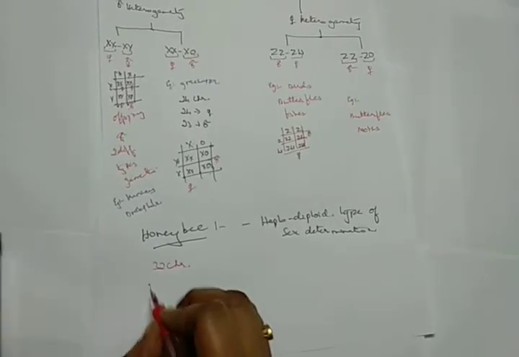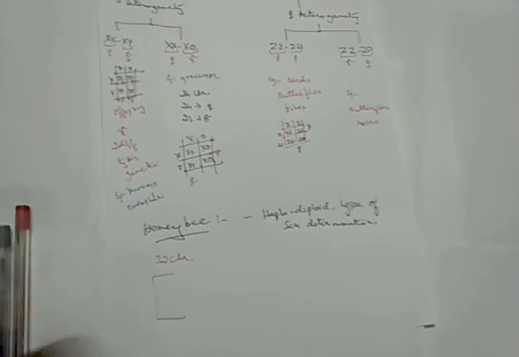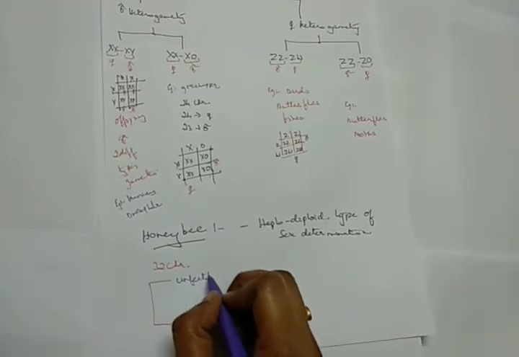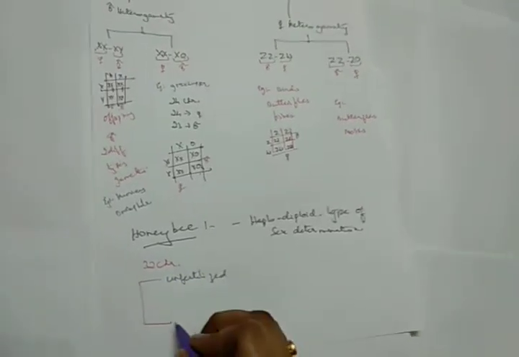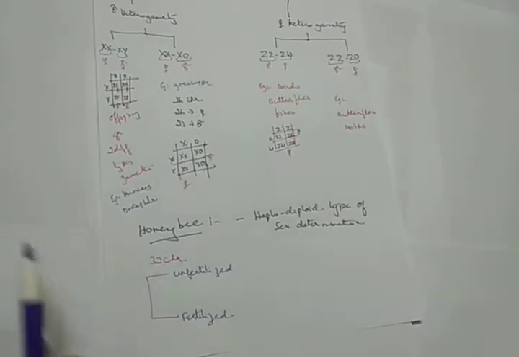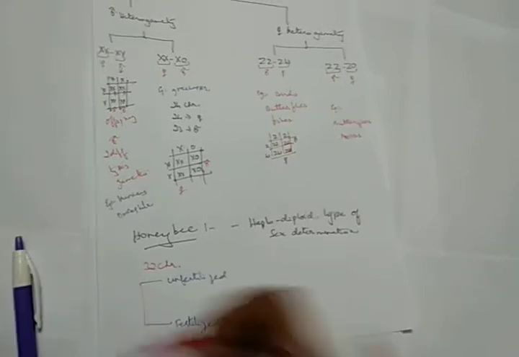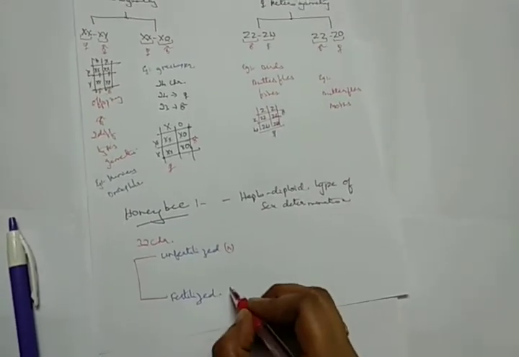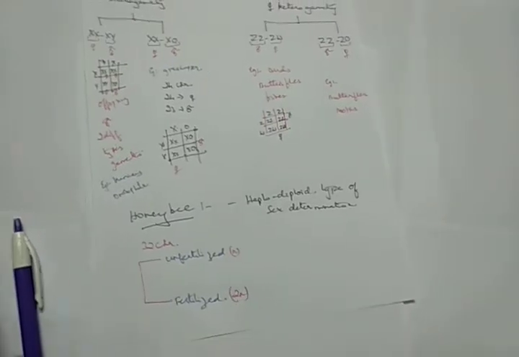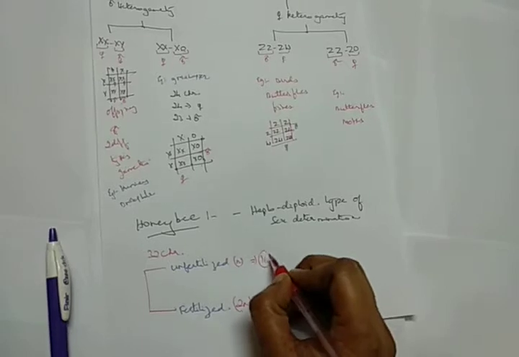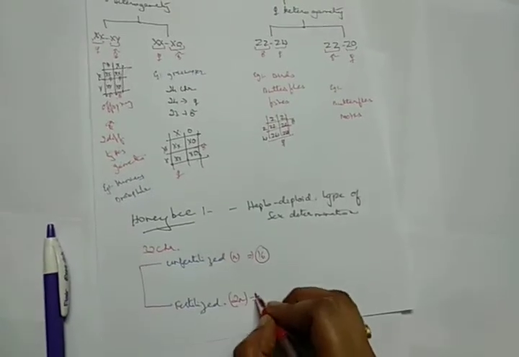And here two types are going to exist. One can be unfertilized eggs and the other one is fertilized eggs. The unfertilized eggs usually will be haploid and the fertilized eggs will be in the diploid form. The unfertilized eggs are going to have only 16 chromosomes and the fertilized eggs are going to have 32 chromosomes.